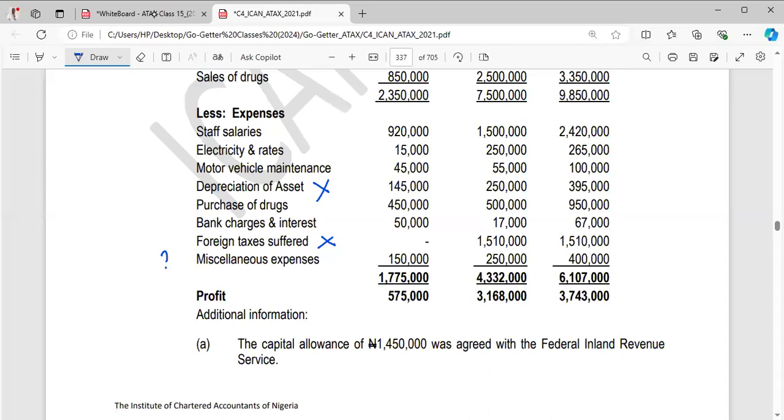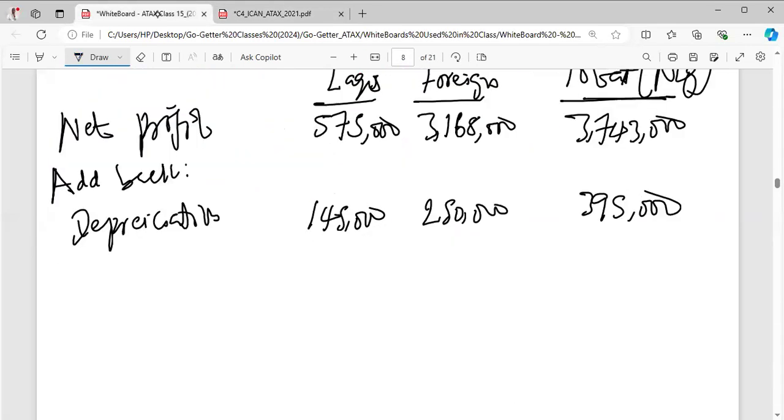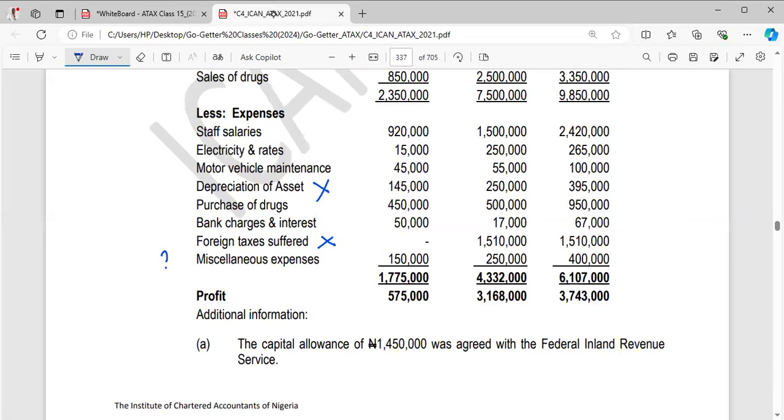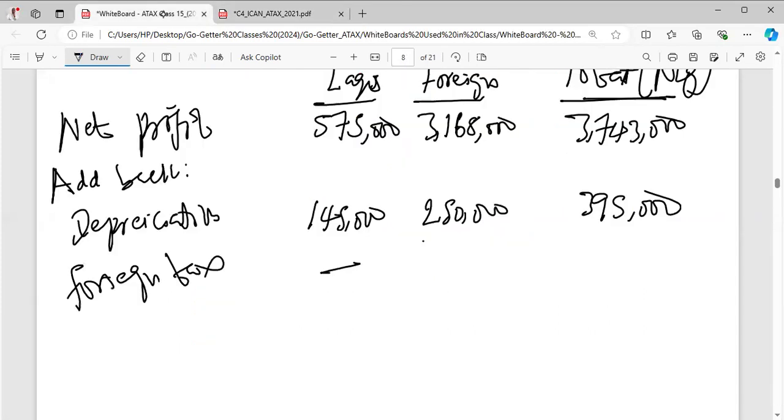So you are going to add back the foreign tax, not because it is not allowed, but for that purpose. So foreign tax, of course, here is dash, and here is 1,510,000.